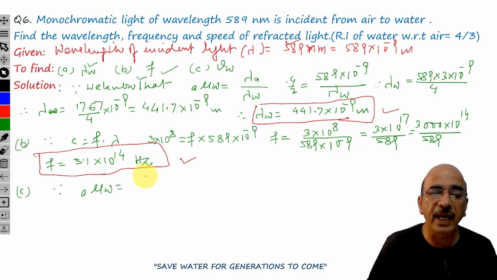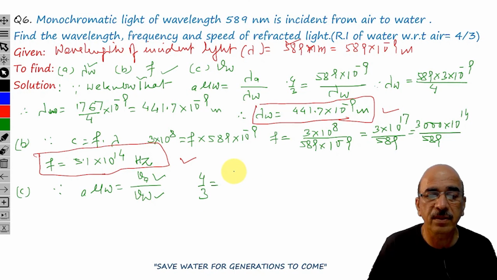So this means speed of light in air will go on top, and speed of light in water will be v_w here. This we have to find. So it is given 4/3, and how much is given? Velocity of light in air. It is 3 into 10 raised to power 8.